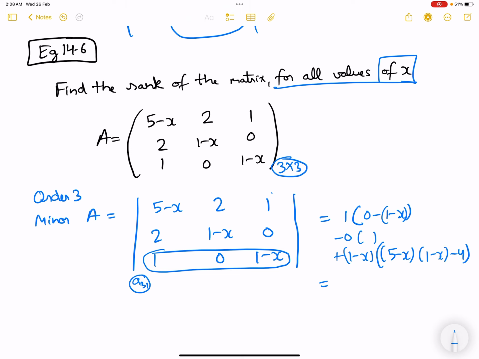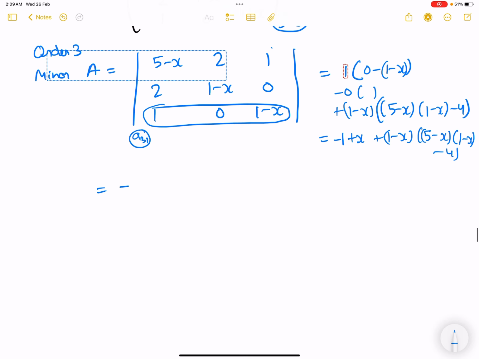So what we have is 1 times (minus 1 plus x) plus (1 minus x) times (5 minus x) minus 4.